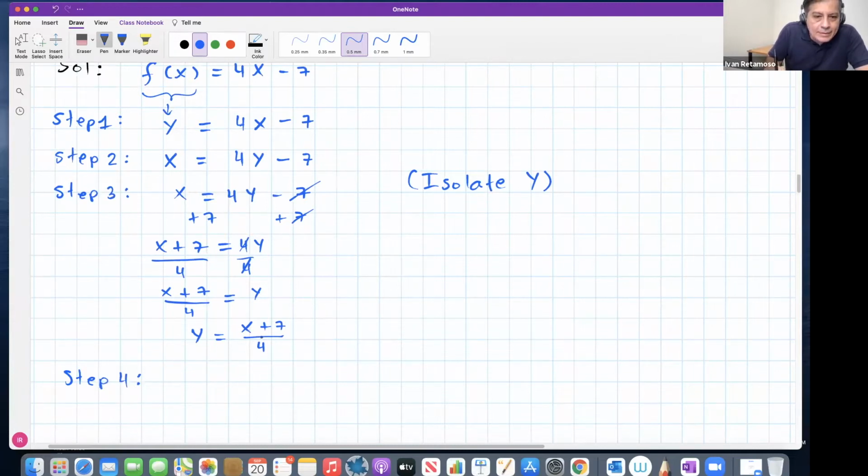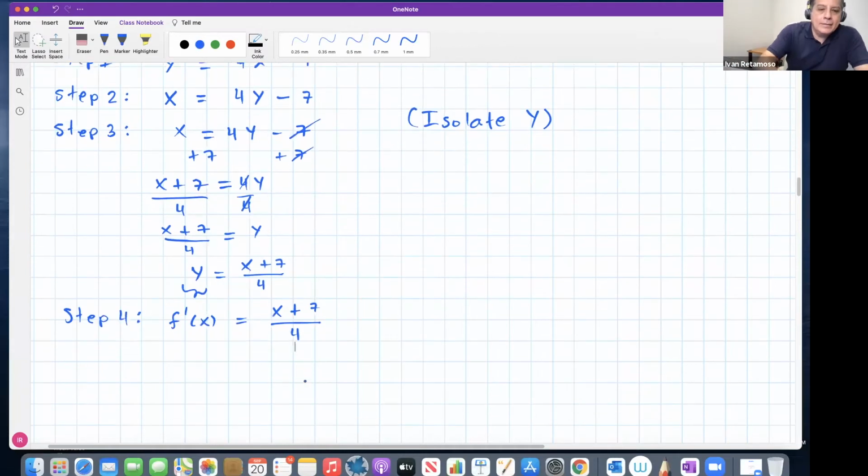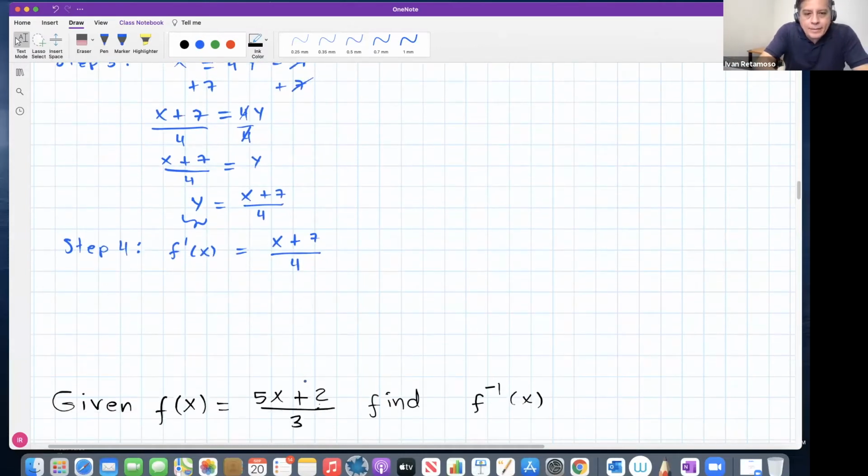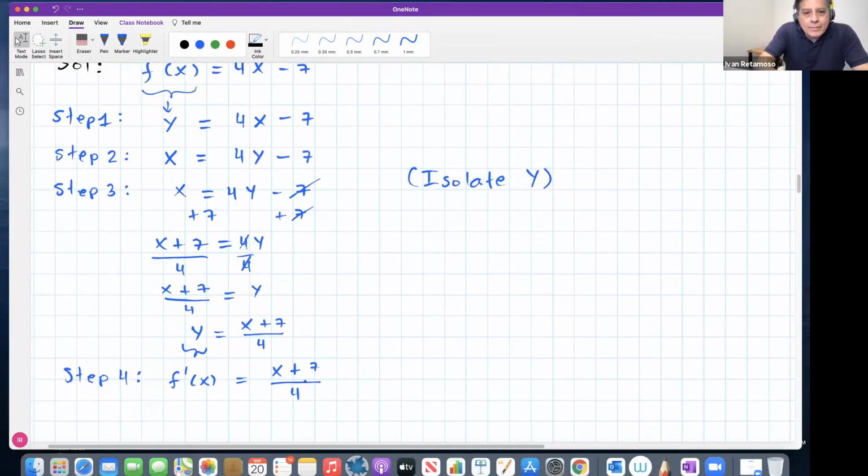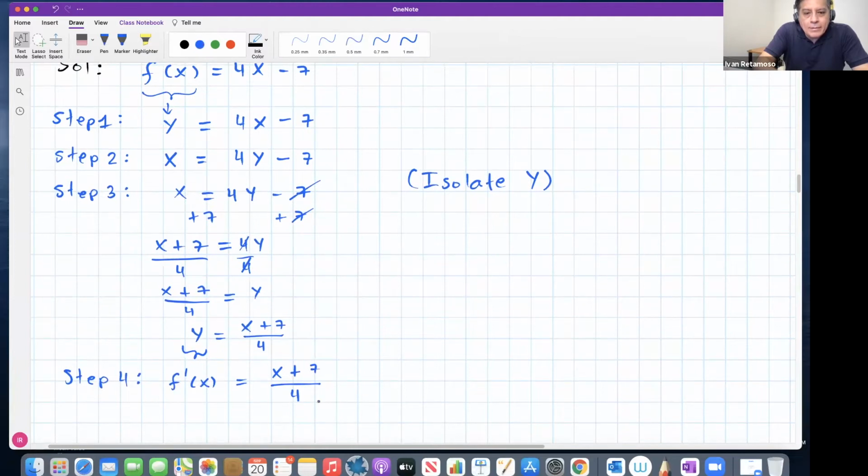Look, this is the inverse function, right? So replace this y with f inverse of x. F inverse of x will be x plus 7 over 4. You follow, guys? That's the last step, step 4. So 4 steps, you follow them, and you will get your inverse function here. Very good.